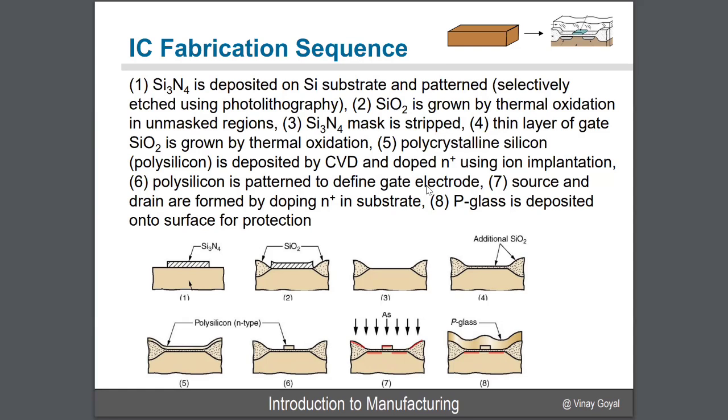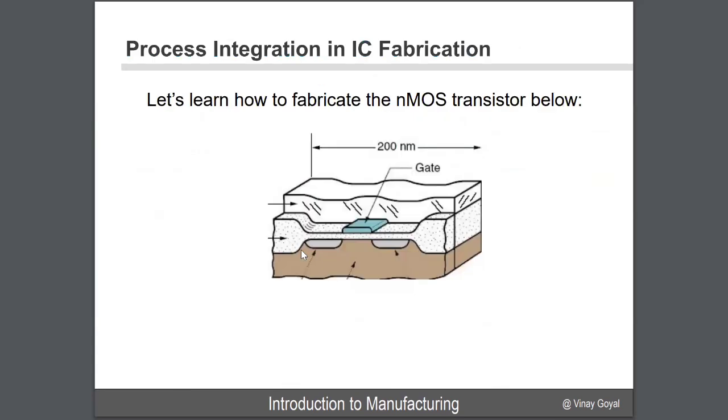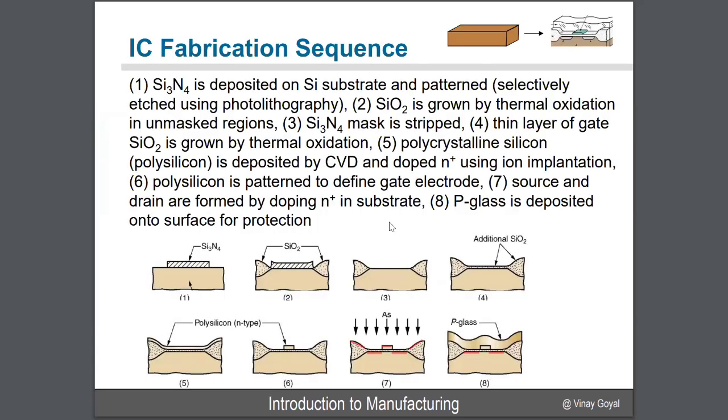So in number 1 here, what you see is how I basically fabricate this NMOS, right? Metal oxide semiconductor. So we're going to deposit a silicon nitride layer on the silicon substrate. We're going to have it patterned, so you're going to use photolithography and selective etching to put that deposit in the areas that you want.